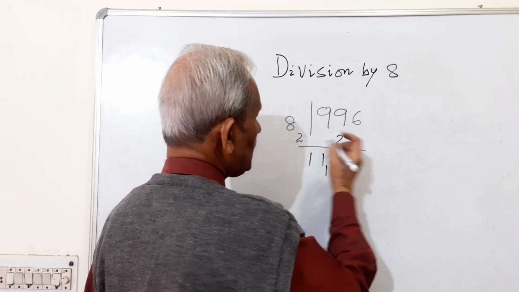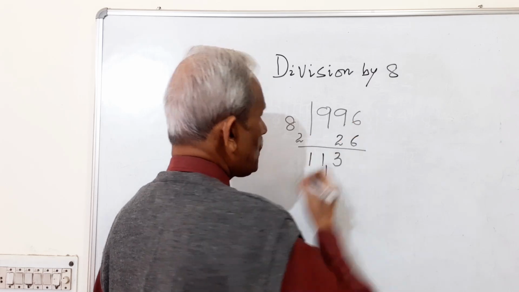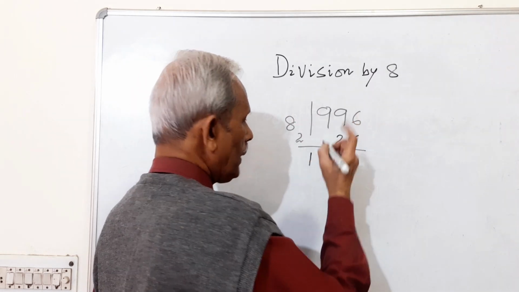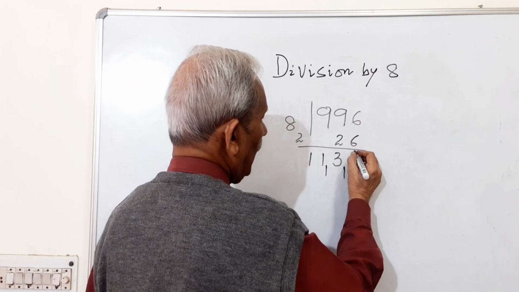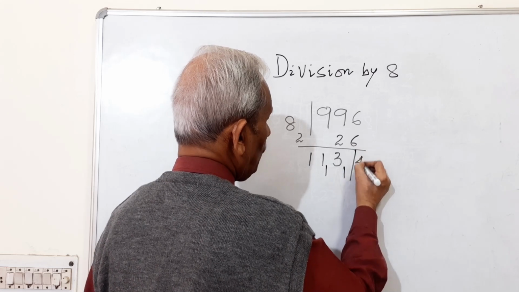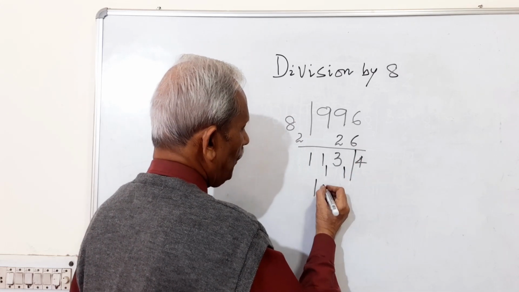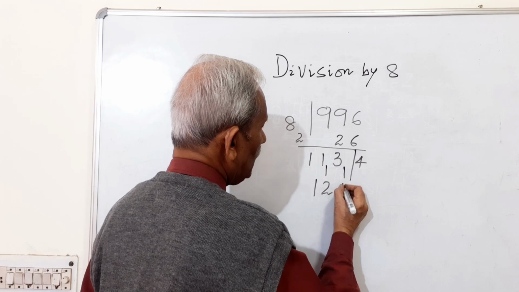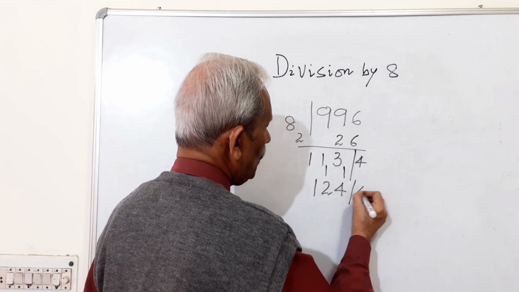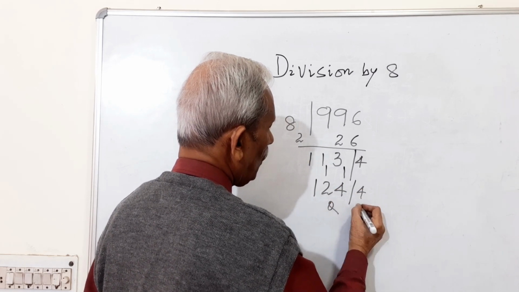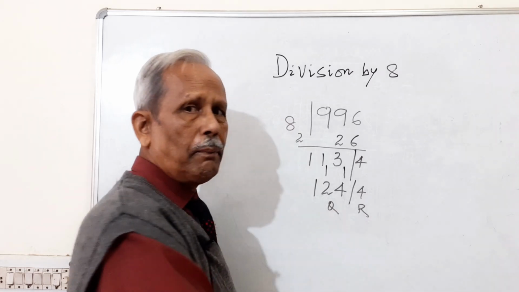Then 3 times 2 is 6, 6 plus 6 is 12. 8 goes 1 time into it, write 1 here. And 12 minus 8 is 4, write 4 here. And ultimately 1, 1 plus 1 is 2, 3 plus 1 is 4, so 124 is the quotient and 4 is the remainder.